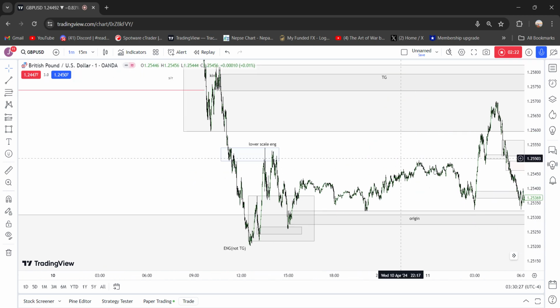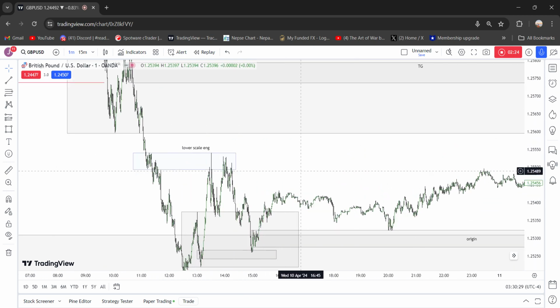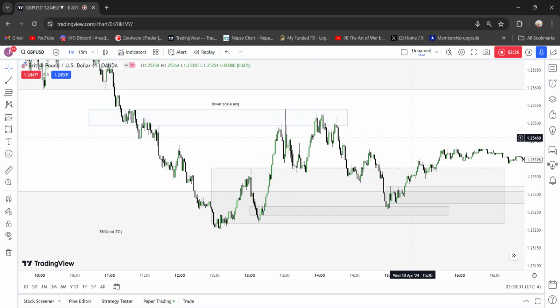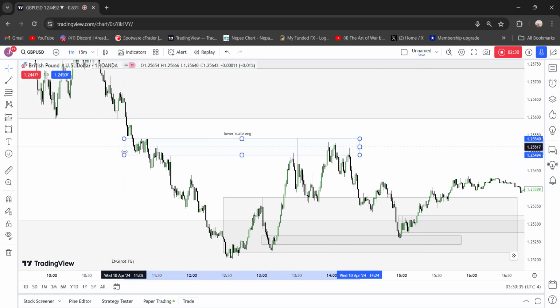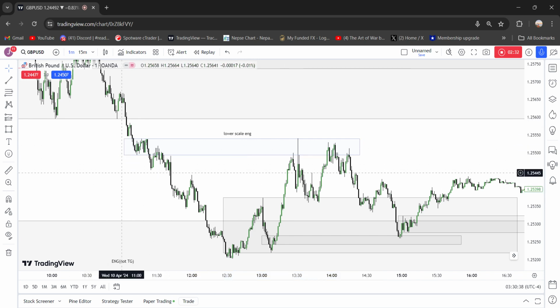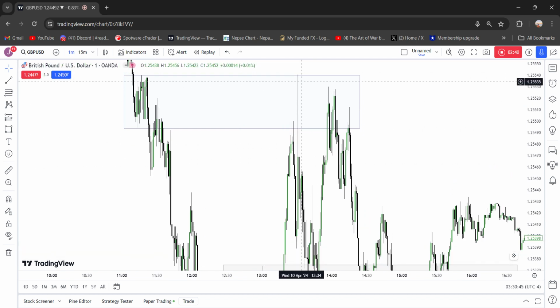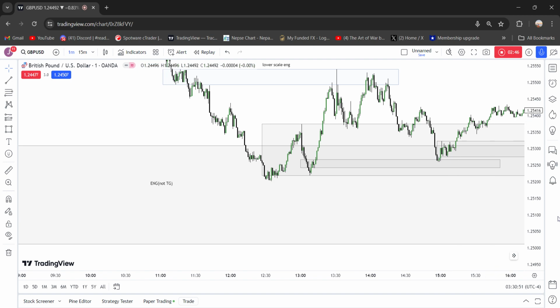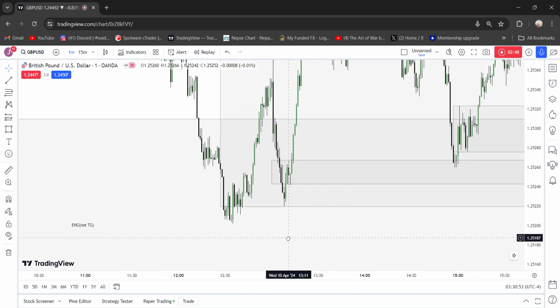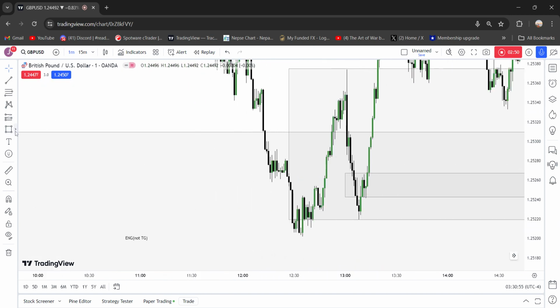So what the market did was, it broke the lower scale flag limit in here. There is a small engulf in there, you can see, and this means price wants to go up from here, and you can see there is an origin in here.